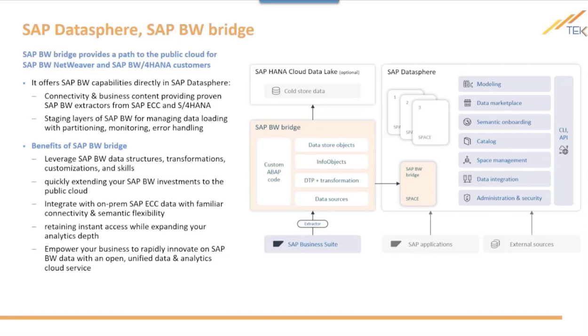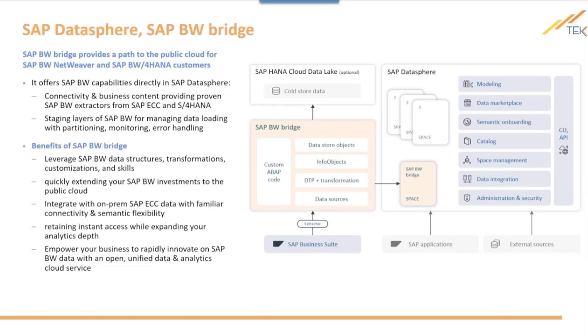Like I was saying a few slides back, BW Bridge is nothing but a BW4 solution delivered as a part of DataSphere. So we can shell convert all the existing on-prem BW or BW4 data into BW Bridge, and we can start using DataSphere technology to consume the data.